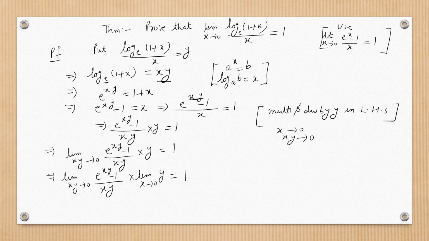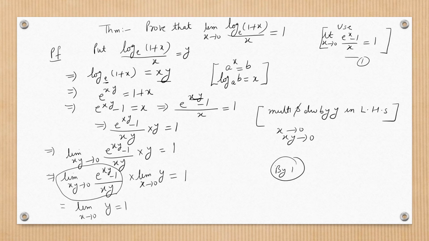Now by using the standard result, the first part reduces to 1, and I get the rest as limit x approaches to 0 of y is equal to 1.